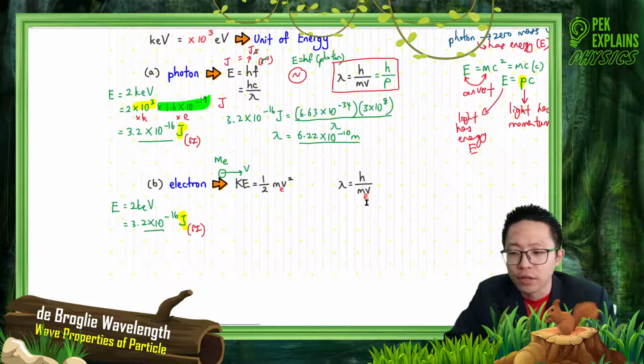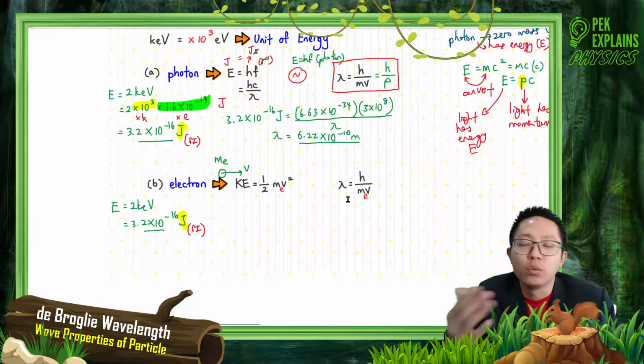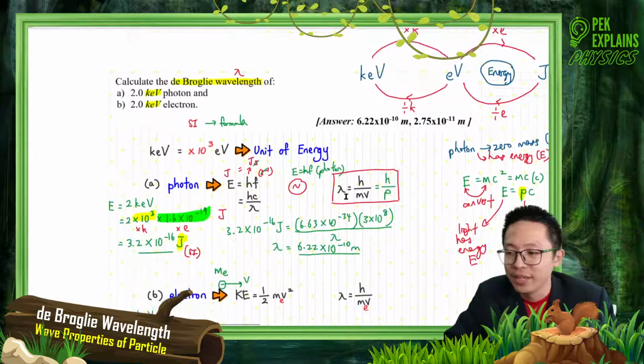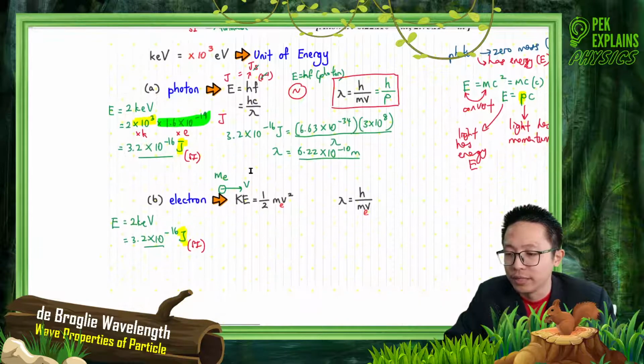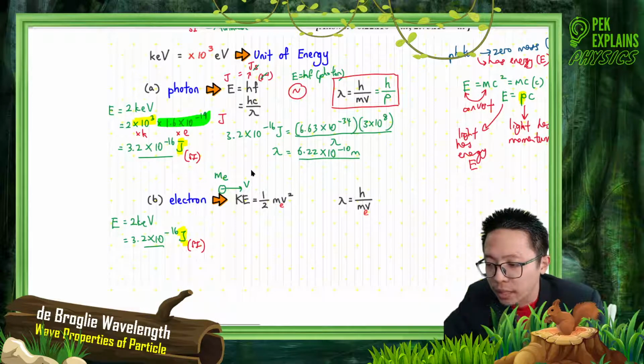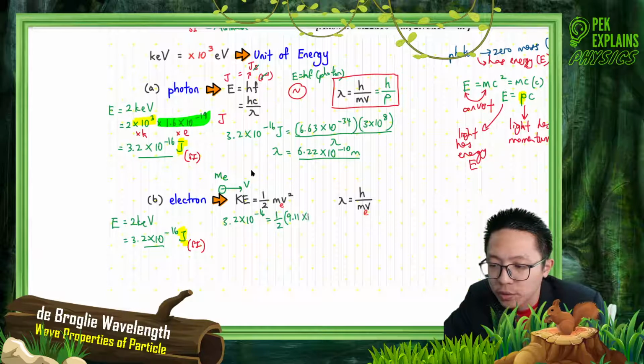After we get the velocity of electron, we can use the de Broglie formula. Substitute the velocity we get, and we can get the wavelength of electron. That's it. So let us do it. This is the kinetic energy, 3.2 exponent negative 16, and then half m, the mass of electron is 9.11 exponent negative 31.